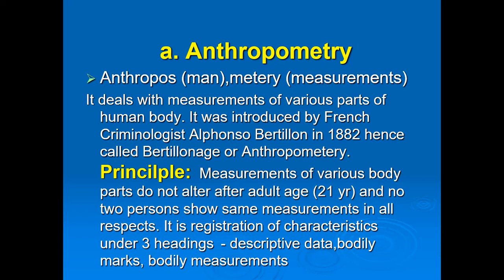Any method or study which can help us to identify characters which differentiate a person from other humans, which are specific to that person, then we can determine the identity of that person. Here anthropometry involves the noting or registration of characteristics under three headings. Number 1, descriptive data. Number 2, body marks. Number 3, body measurements.